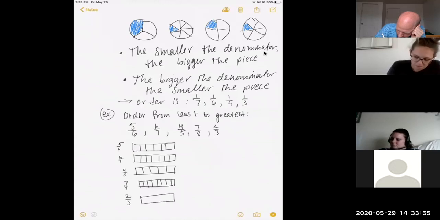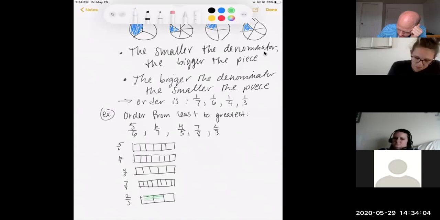So if you're doing least to greatest, it would go like the smallest first, right? The smallest denominator. What do you guys think? What Camille said? Somebody else chime in? I agree, because the smaller the number, the bigger the piece.